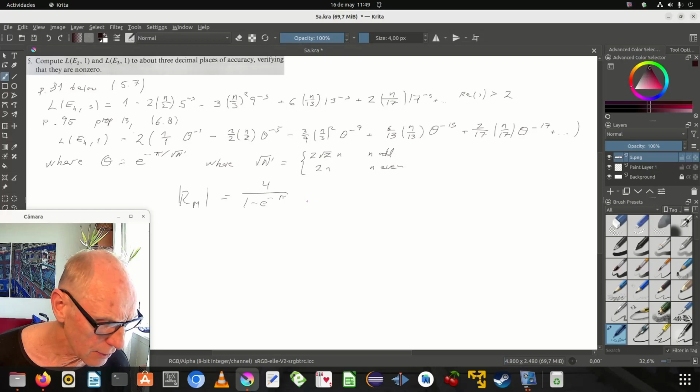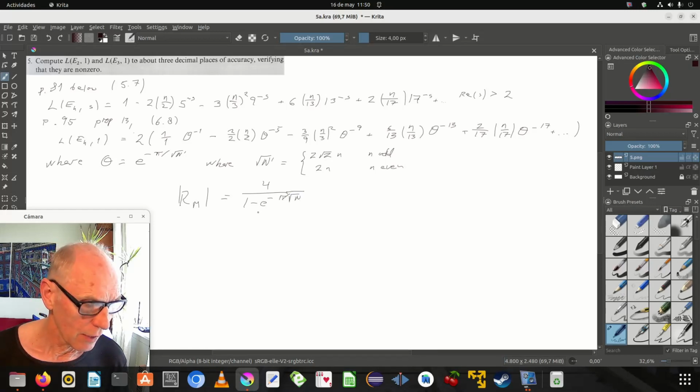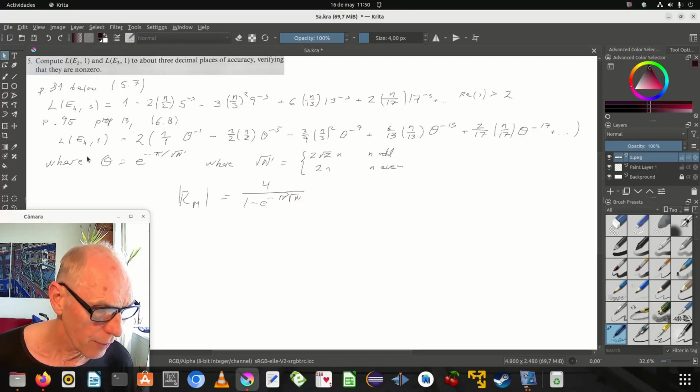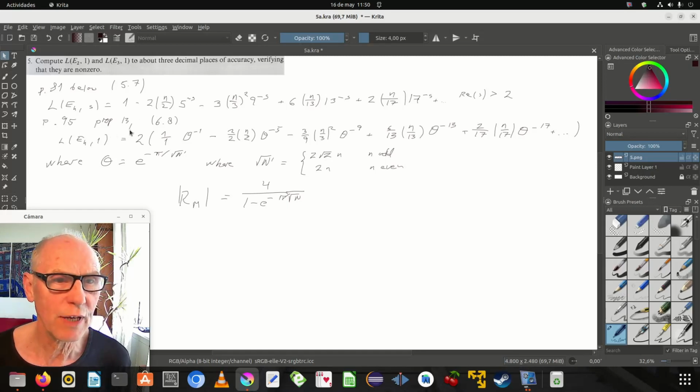Now that's a little weird. I think this should be square root n. So they actually only did it for n here being equal to unity. The bound for each term is still given in the proposition 13, independent of n.